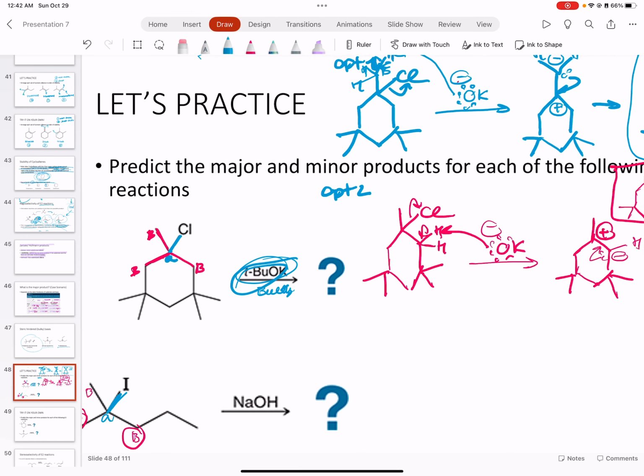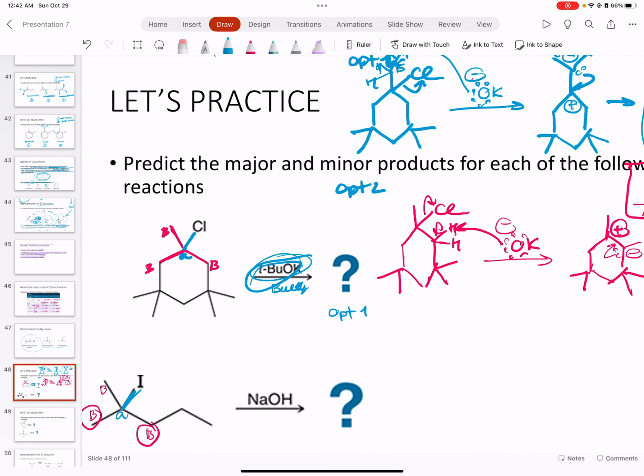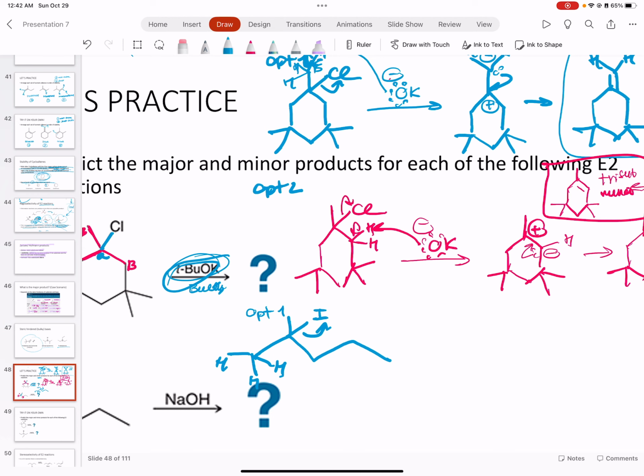So then we again have option 1. We can draw this, and this. I think I would prefer to take it from here. This one would leave.